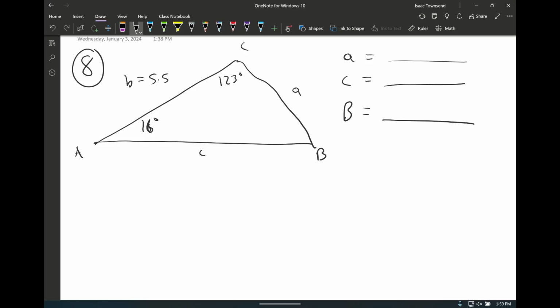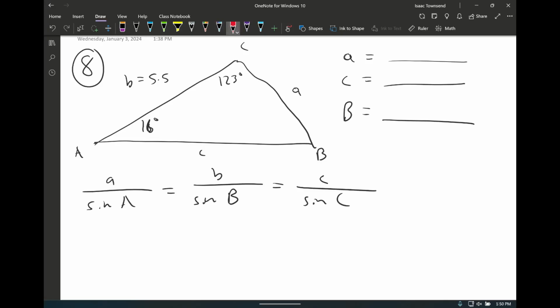You could start off by writing out the law of sines, and then I'll start to plug in the stuff that I know. Looks like we know angle C and angle A and side B. And then we can start to see what our problem is.